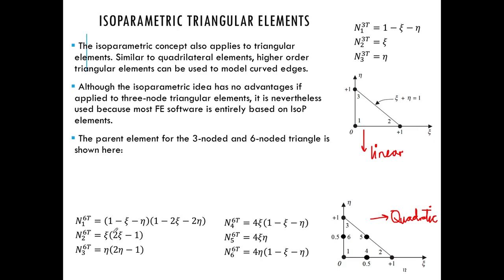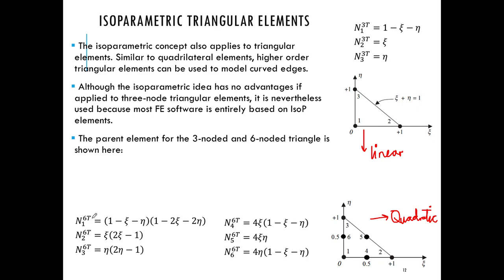Now we will carry on using our sign convention for our parent elements, which is that we use a superscript to represent that these are our universal elements. Because we have a triangular shape, we use this T right here, and the number before it, 3, represents that it is 3-noded. So this is N1 of the 3T element, the 3-noded triangular element, whereas right here we have N1 for 6T, the 6-noded triangular element.